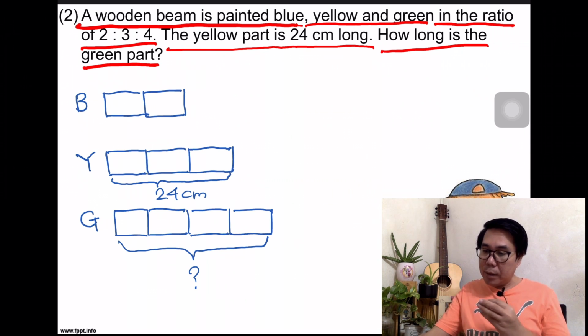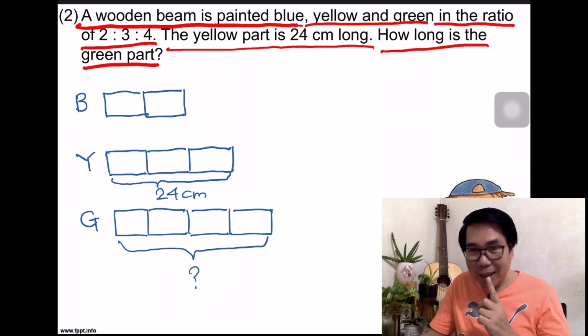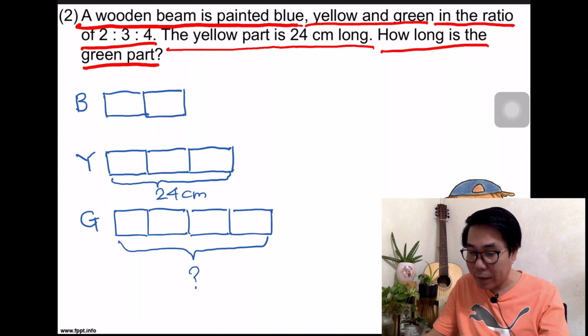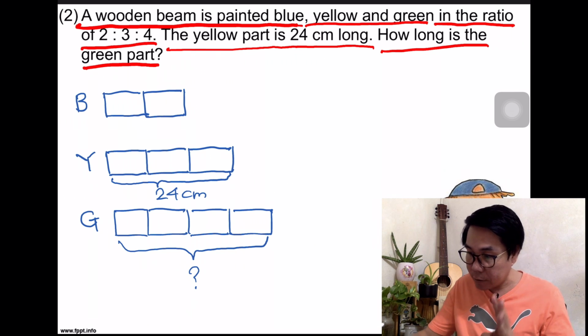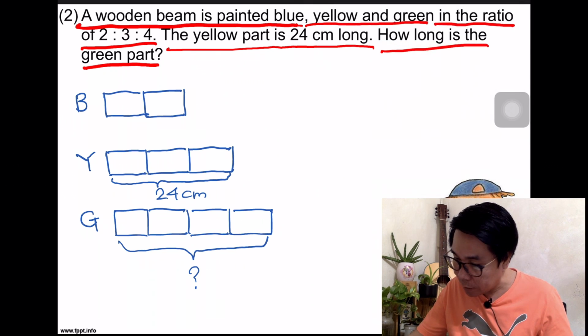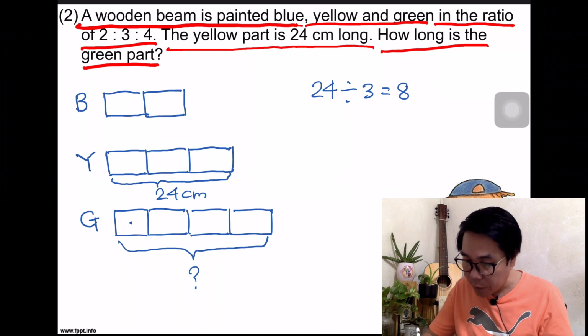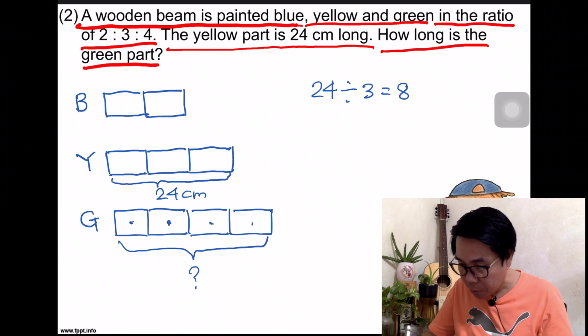Okay, now, so our target now here is to find out 1 unit. If you can see the yellow, it's given, and yellow is 24 centimeters made up of 3 units. So to get 1 unit, 24 divided by 3 is equal to 8. We're looking for the green. How many green units? 1, 2, 3, 4.